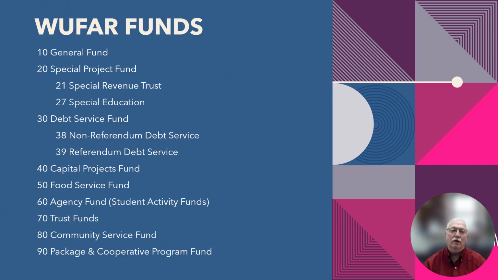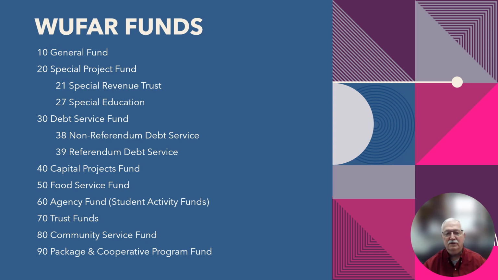Listed here are funds used in Wisconsin. The main operating fund is the General Fund, Fund 10. Fund 27 is a special education fund, and along with Fund 50, the Food Service Fund, is found in almost all districts. At some point in their history, school districts borrow money for construction or to increase the revenue limit.